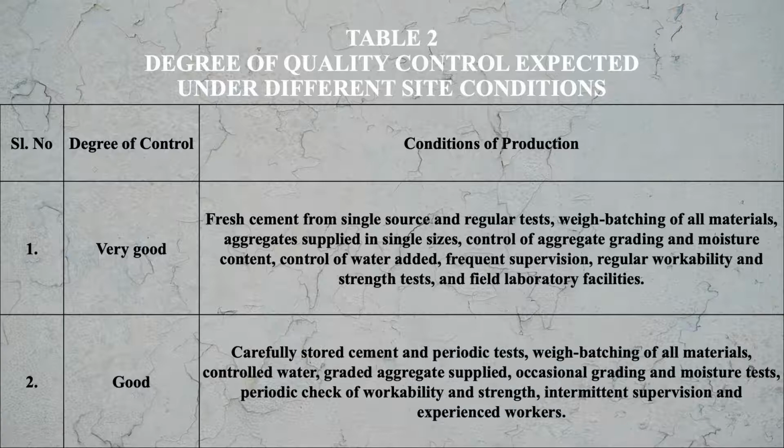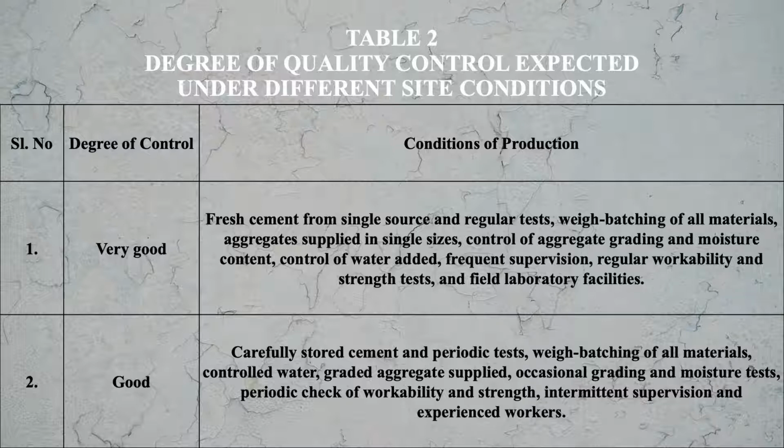Then in case of good control, what is expected? Carefully stored cement is there and periodic tests are done, weigh batching of all materials is done, then controlled water is there, graded aggregate is supplied, occasional grading and moisture tests are done, periodic check of workability and strength is done, intermittent supervision is done and the workers are experienced.